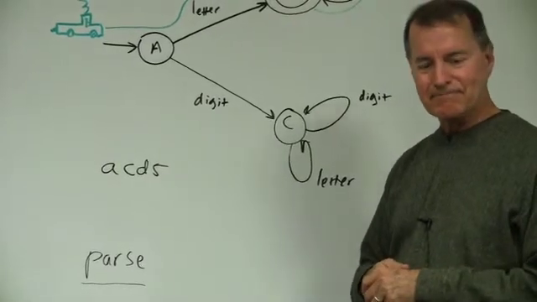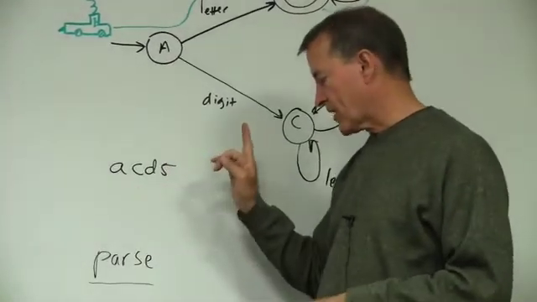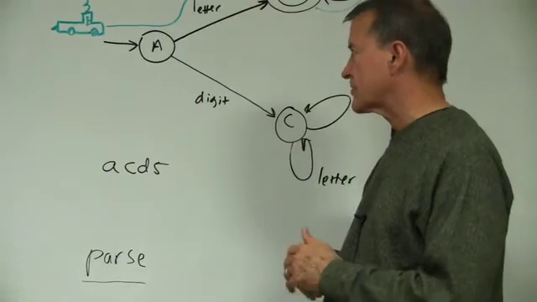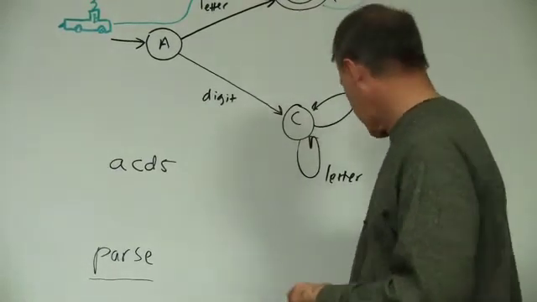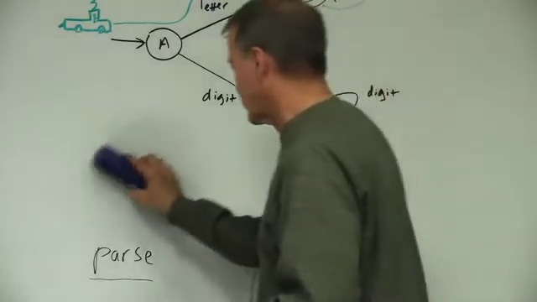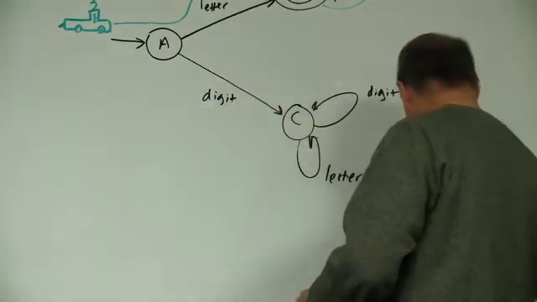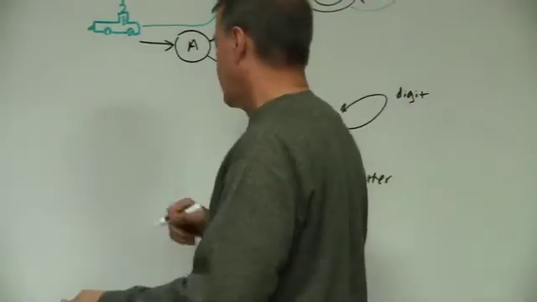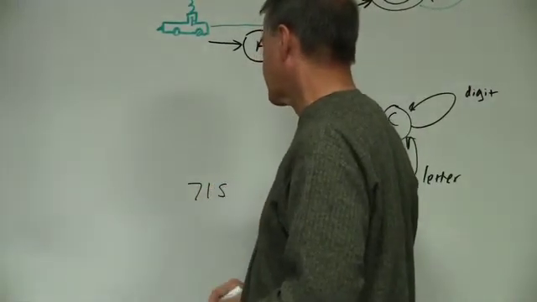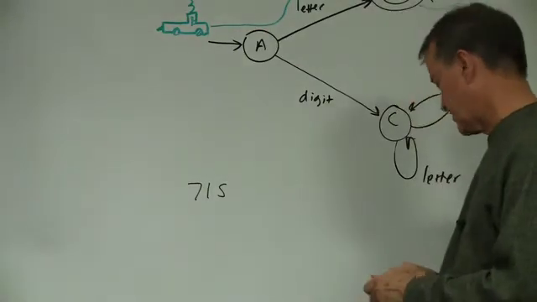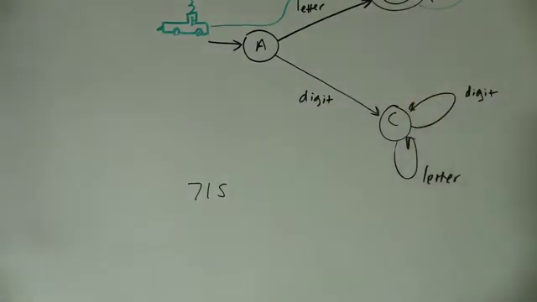So the question is, how do you parse an identifier using this finite state machine? Let's suppose we say 71S, and we want to parse this. How would that work?